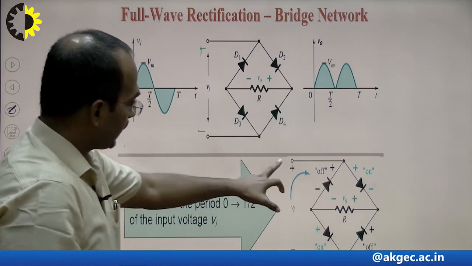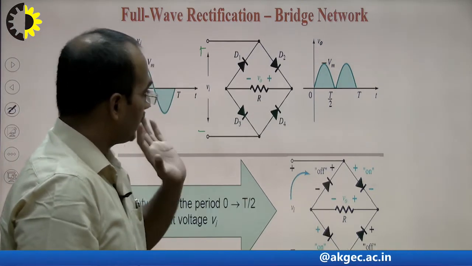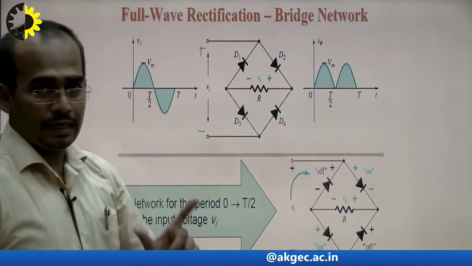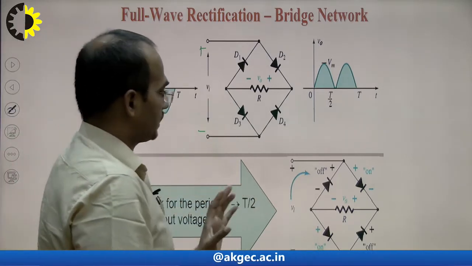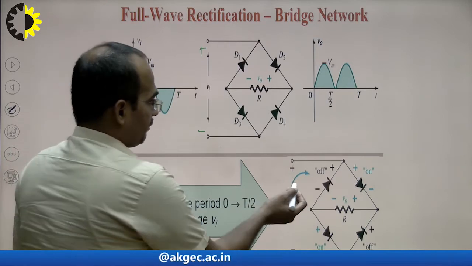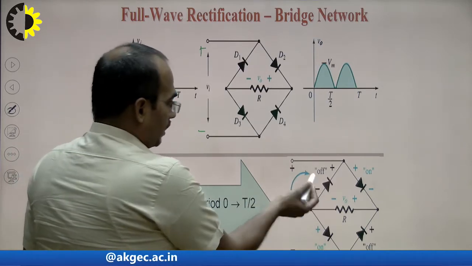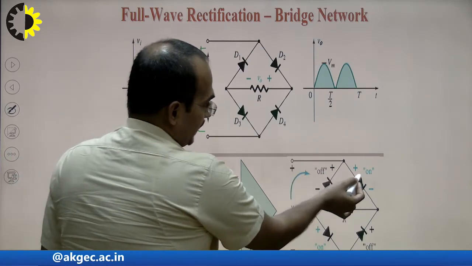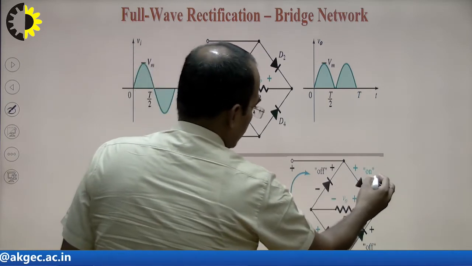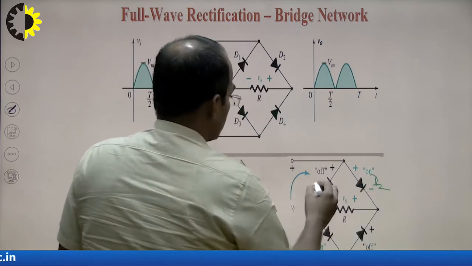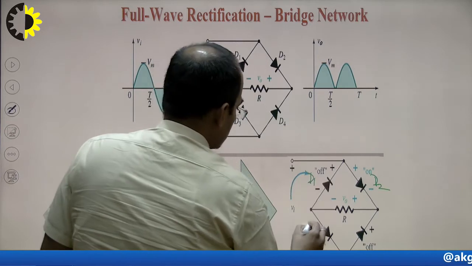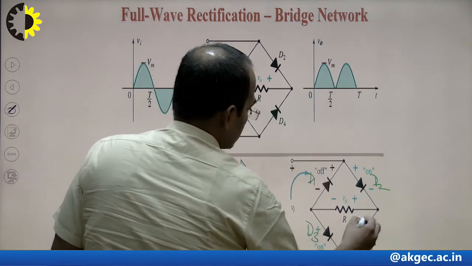Now the question is which diodes will conduct. For the positive half cycle, this is diode D2, this is diode D1, this is diode D3 and this is diode D4.